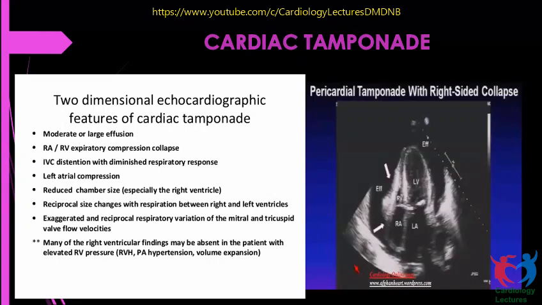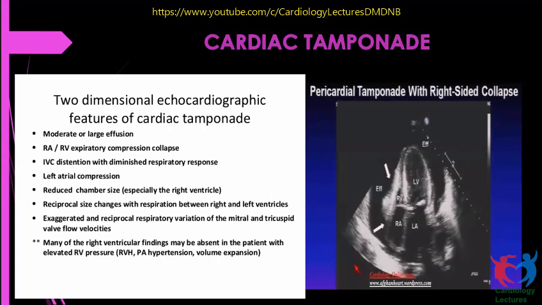So how will cardiac tamponade look in the FALLS view? If you do an apical 4-chamber view, you have a large massive collection around the heart, and the cavities of the heart, that is right ventricle, left ventricle, RA or LA, will have pressure from outside. That means they will be collapsing.